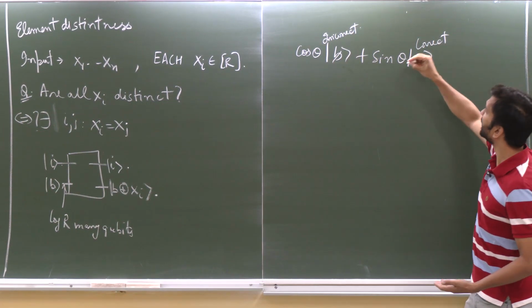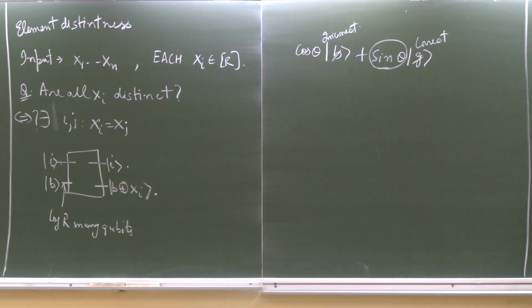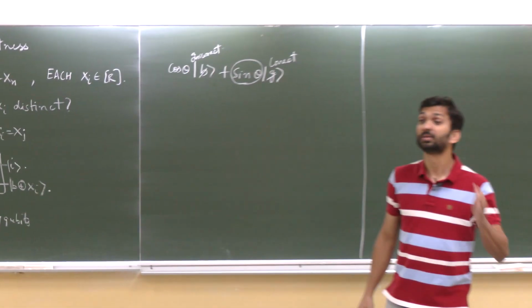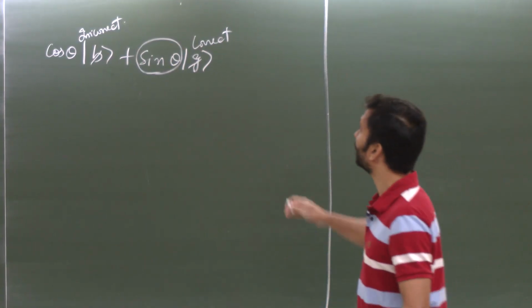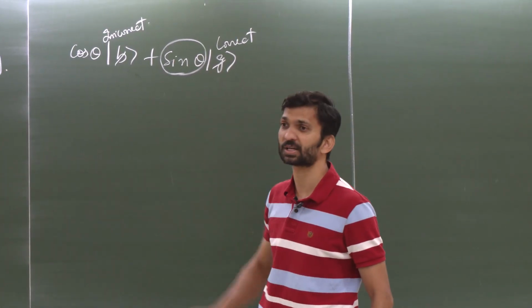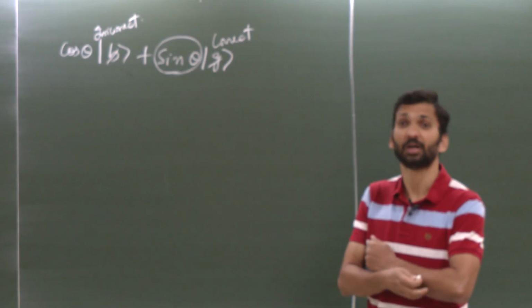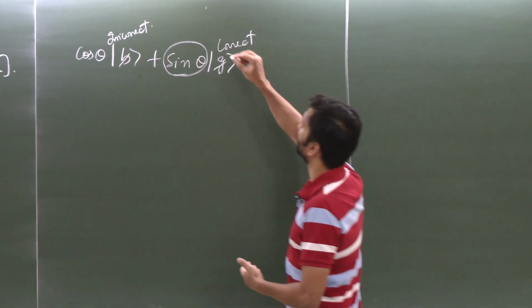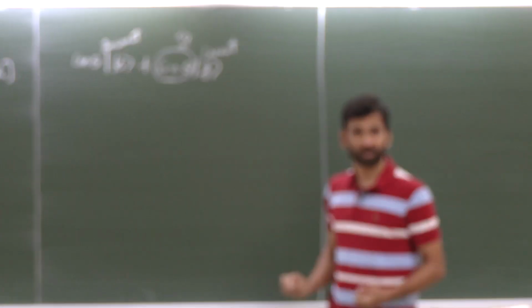If my success probability is p, what do I know about sin theta? The amplitude of the marked state, or correct state, should be under root p, correct?